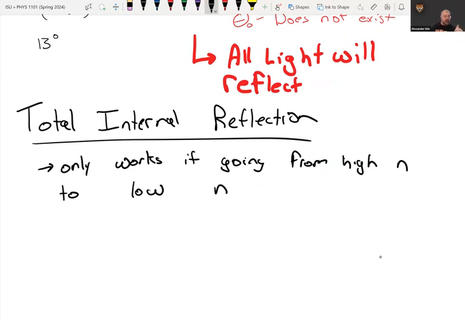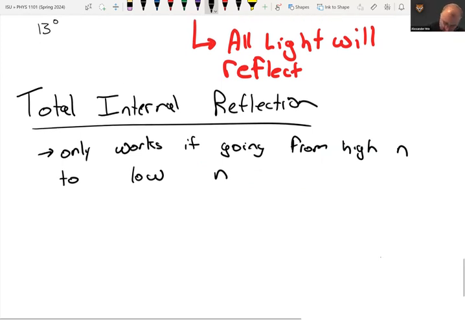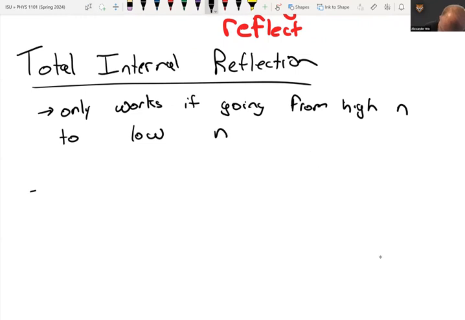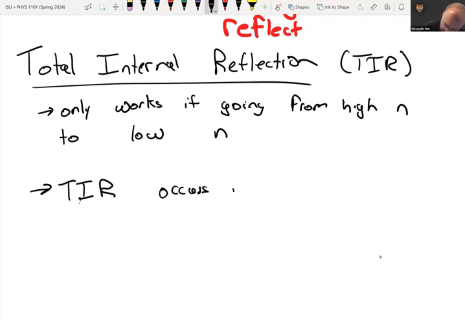Now, the way this is stated mathematically is, I'll abbreviate total internal reflection as TIR. TIR occurs if theta incident is greater than what we call theta critical.